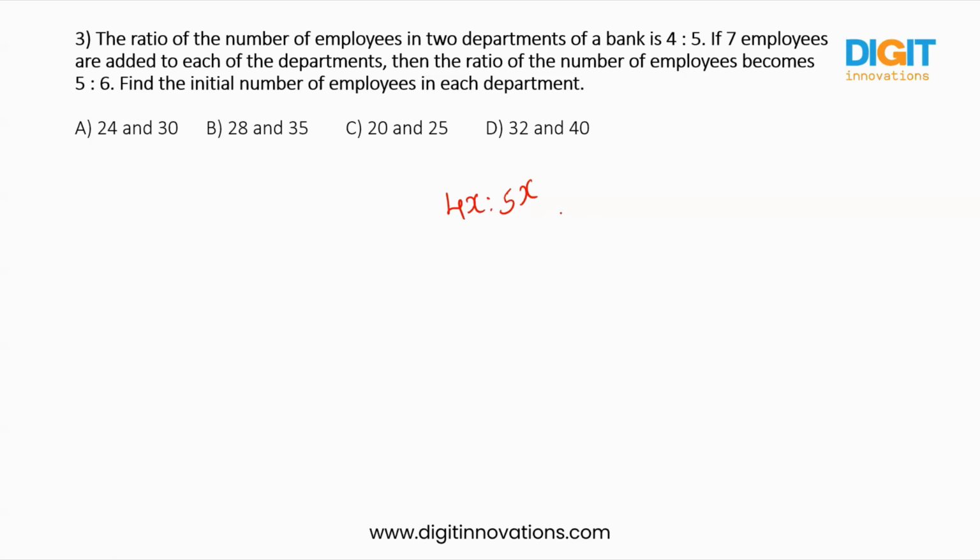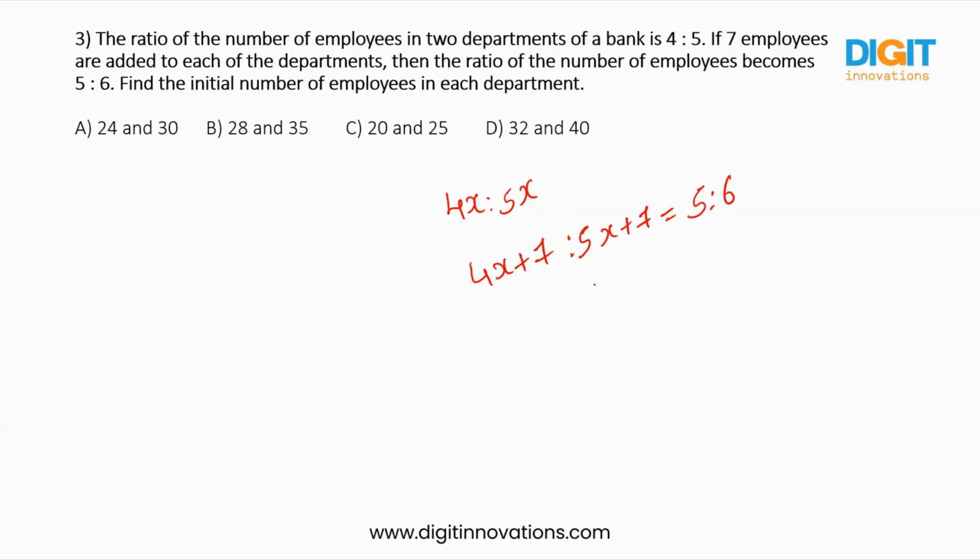For both departments, 7 employees got added. That means 4x plus 7 to 5x plus 7. After adding these 7 employees, they got the new ratio, which is 5:6.